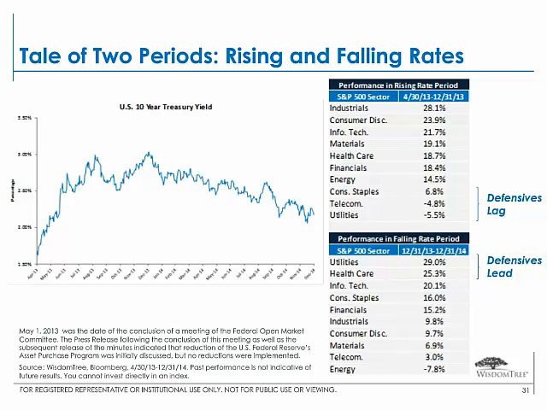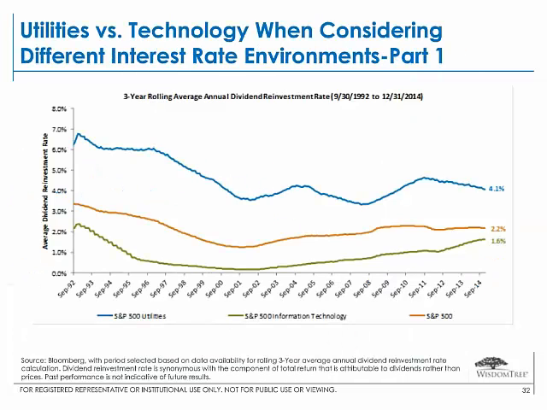Again, it's this idea of high current yield vehicles being used to help people hit their income goals when maybe bonds are not necessarily the ideal instrument to do so. In exploring why this is the case, well, it's no secret that the S&P 500 utility sector tends to have a much higher yield than S&P 500 information technology.